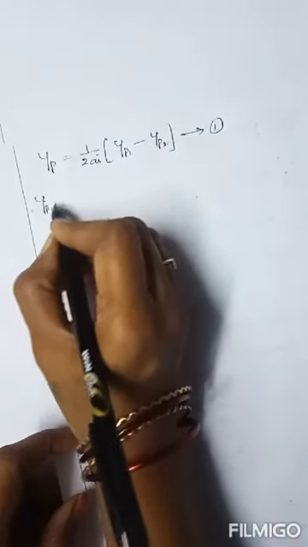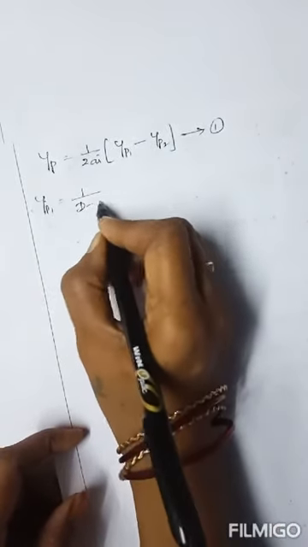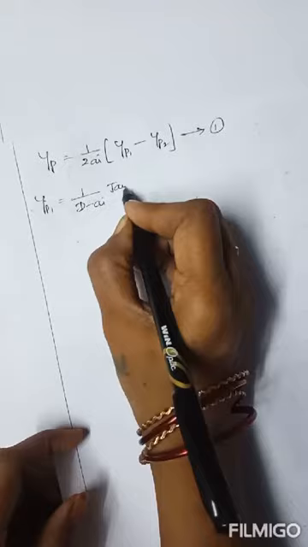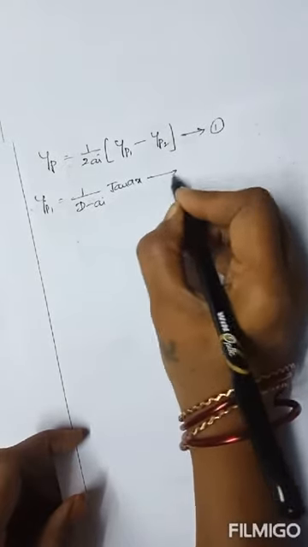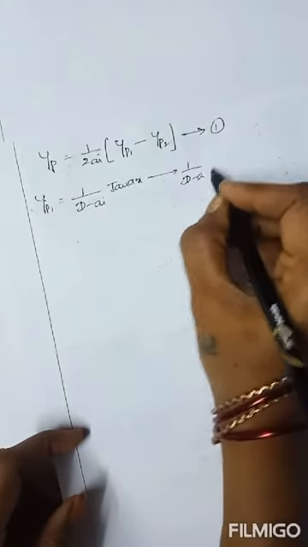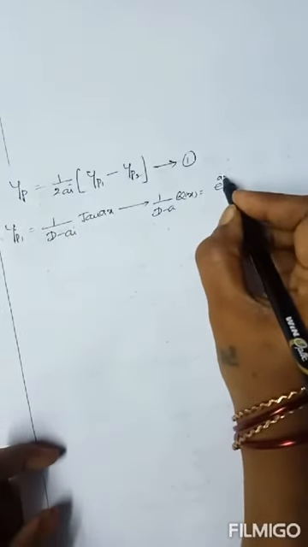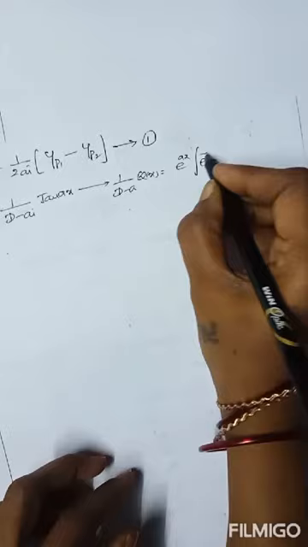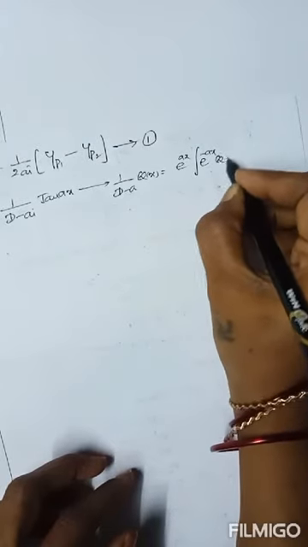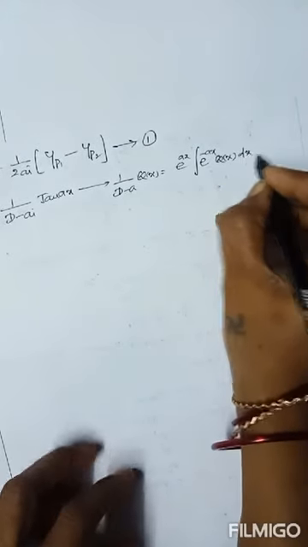Equation 1, in which first yp1 is 1 by (D minus ai) into tan ax. This is also exactly similar to the D minus a form of Q of x. For this, e power ax integration of e power minus ax Q of x dx.